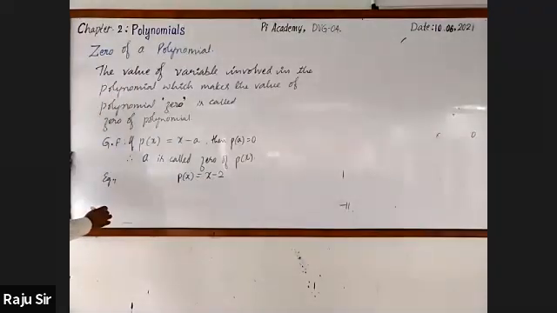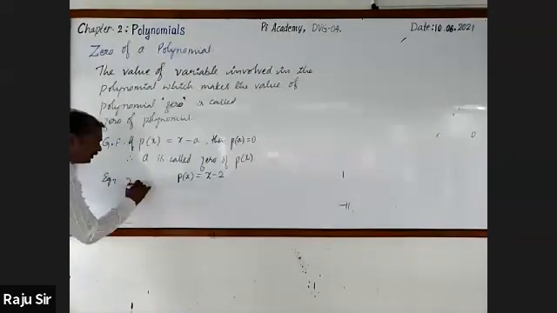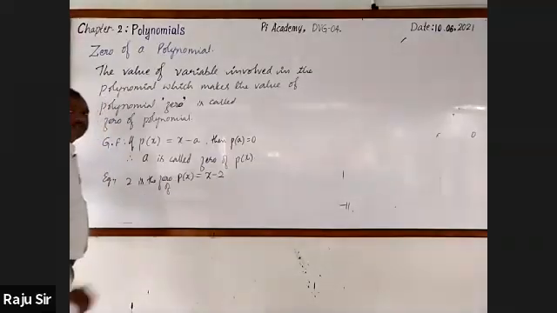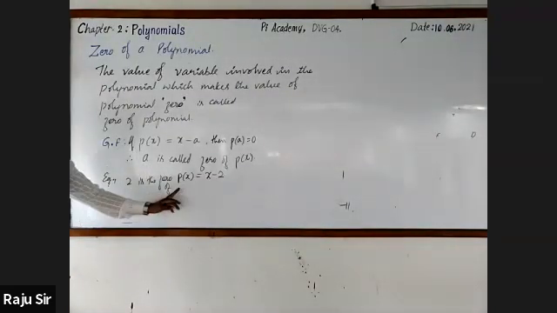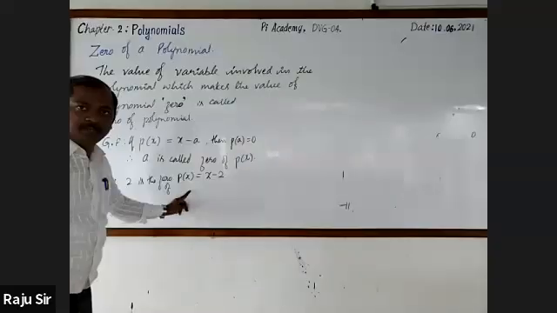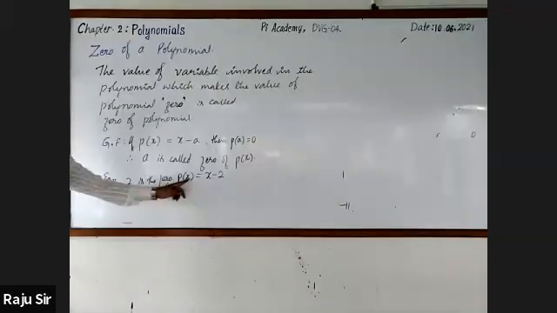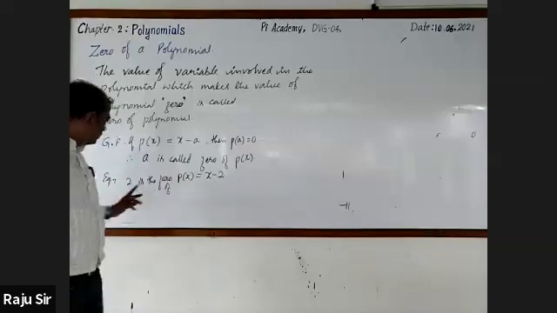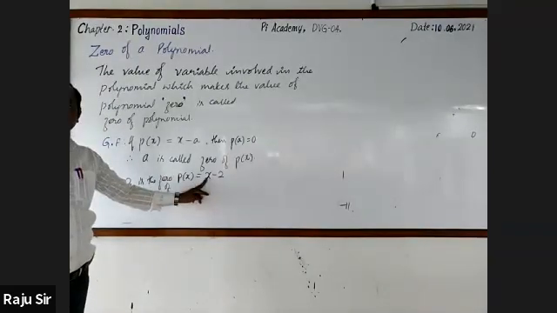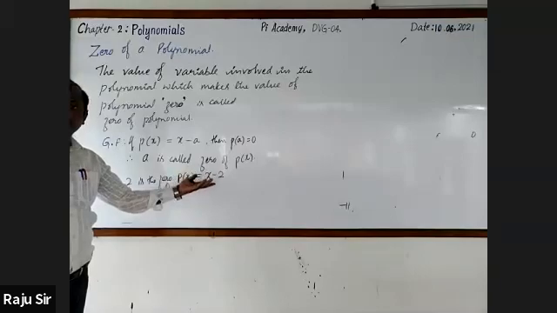Then could you tell what is its zero? Plus 2. Here, 2 is the zero. Is this statement right? Can we write this statement? Yes, 2 is called the zero of x minus 2, because when you substitute 2 in place of x, the value will be 0.